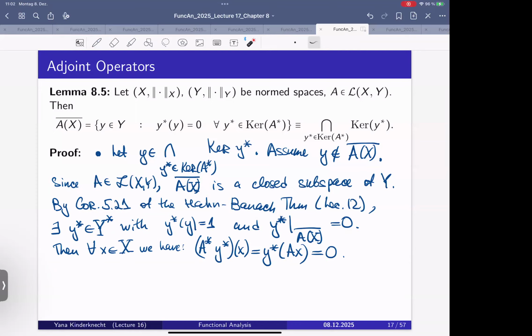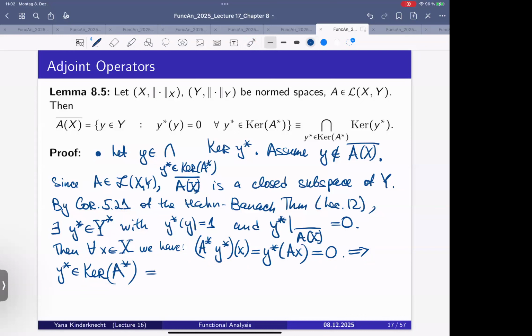Due to this assumption, we have this. But what does this mean? This means that y star belongs to the kernel of the mapping A star. From this, for any x, we see that this is a zero linear functional, and hence y star belongs to the kernel of A star.